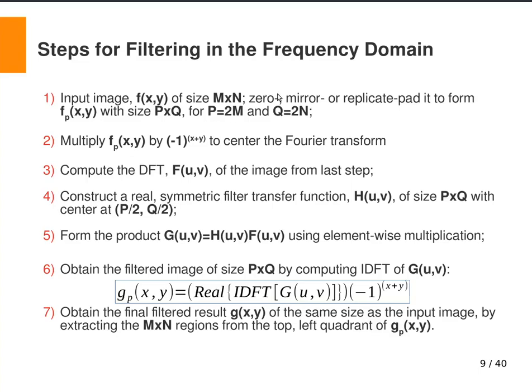So we make a padded image of size p by q, in which p is 2m and q is 2n.